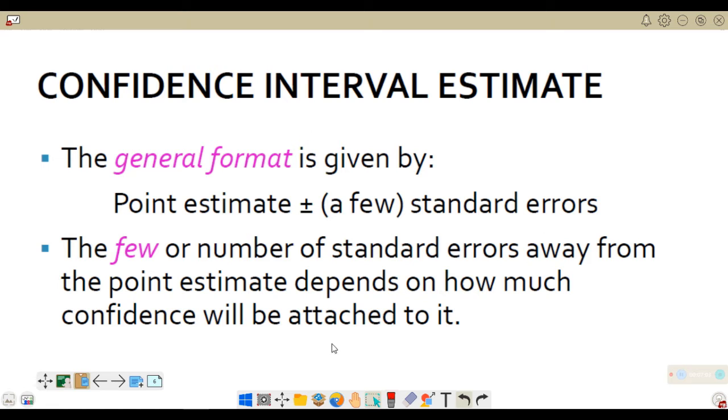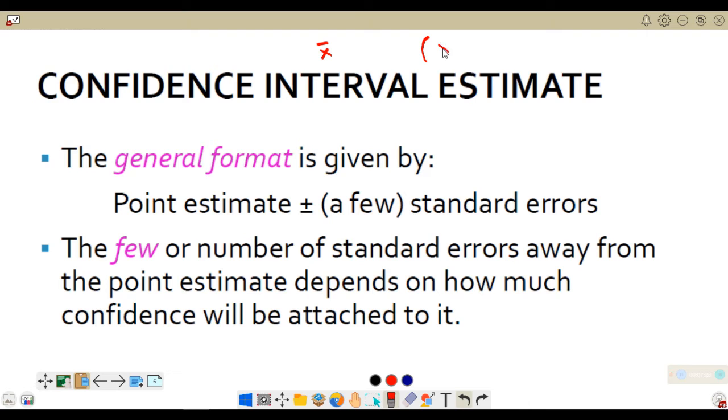So kapag confidence interval, you are actually looking for a value. Halimbawa, hinahanap mo yung population mean through your point estimate sample mean. Instead of relying on just one single value, which is your point estimate here, pwede kang gumawa ng range.